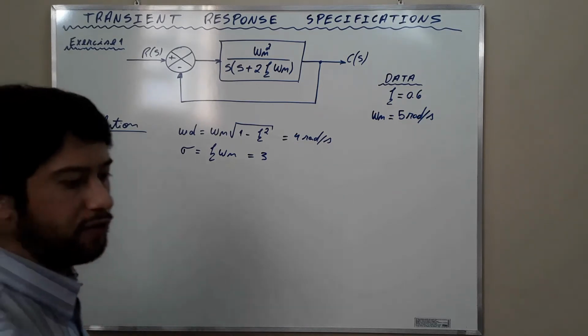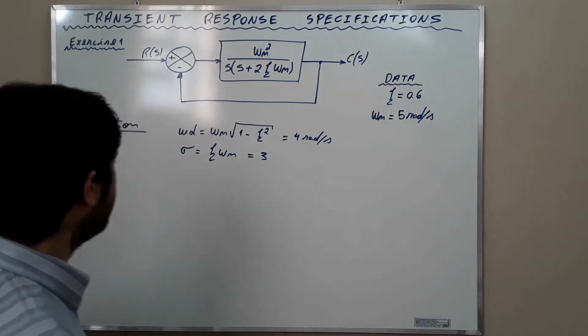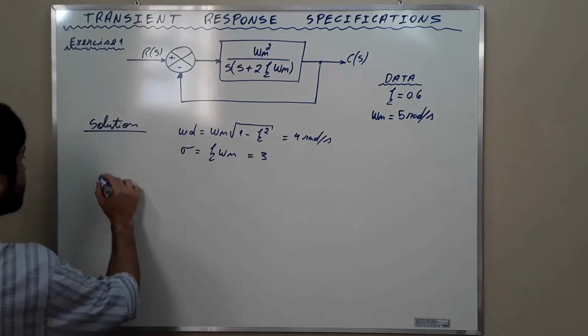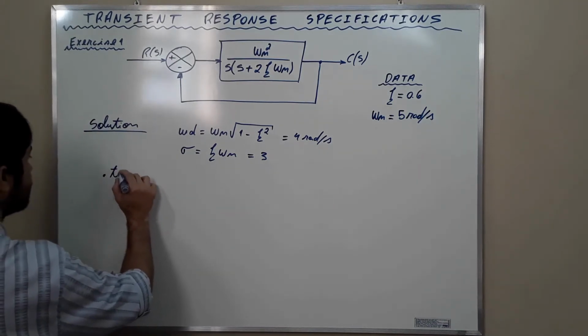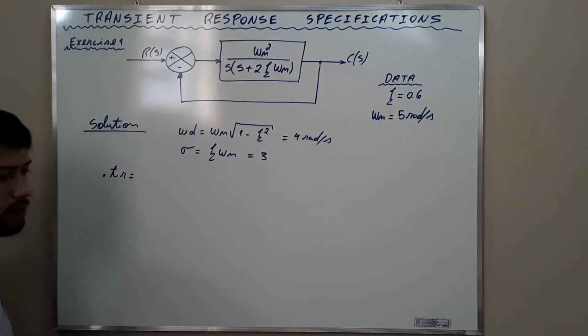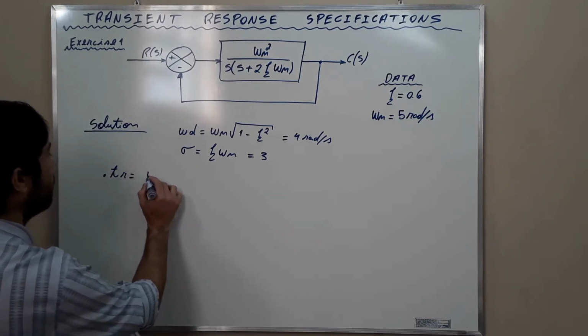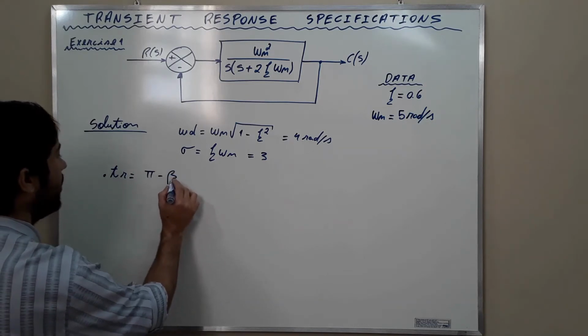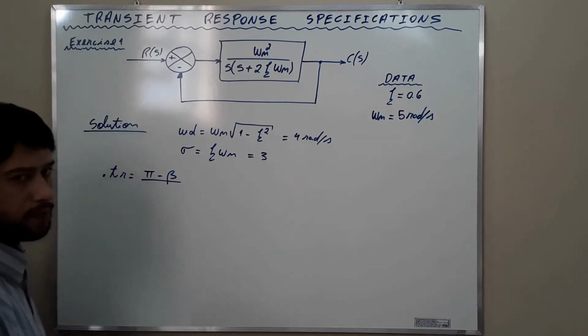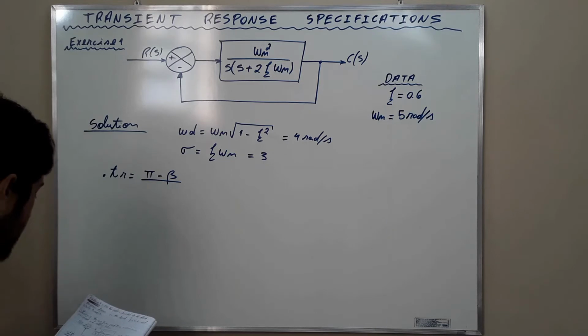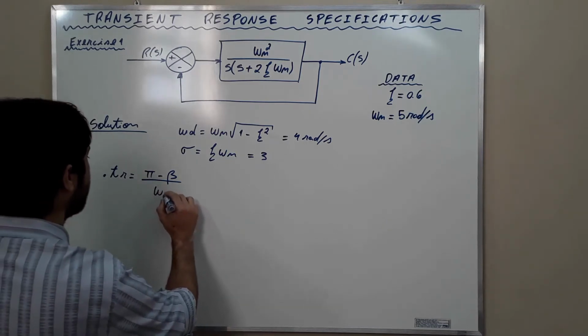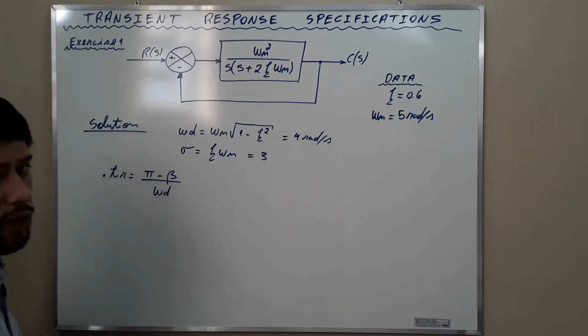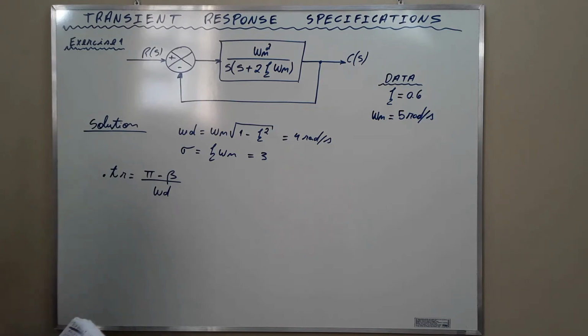Let's go. The first, the rise time, Tr. The rise time is pi minus beta over Wd. But how do we calculate beta?